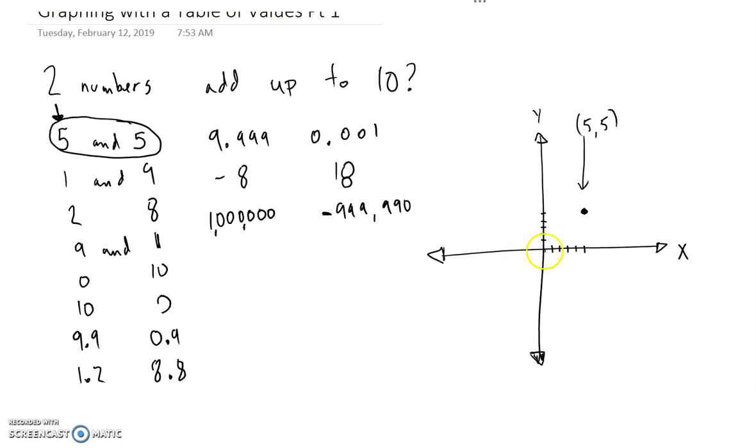Let's do the second one. The second one was when the first number is 1, the second number is 1, 2, 3, 4, 5, 6, 7, 8, 9. So there's 1, 9. And then 2, 8. And then, let's go backwards. Let's do this one, 0, 10.